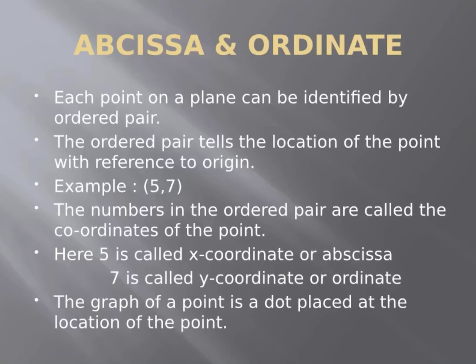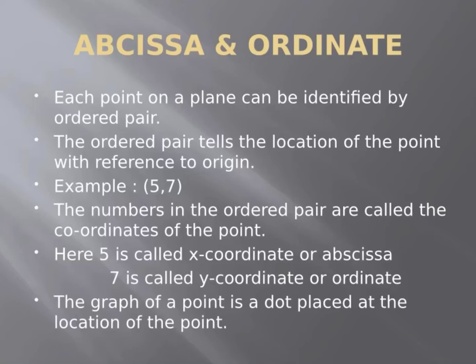Here 5 is called the x coordinate or abscissa, which means that the x coordinate of the ordered pair is called abscissa, which represents its position on the x-axis from the origin. And 7 is called the y coordinate or ordinate, which means that the y coordinate of the ordered pair is called the ordinate, which represents the position of the point on the y-axis from the origin.